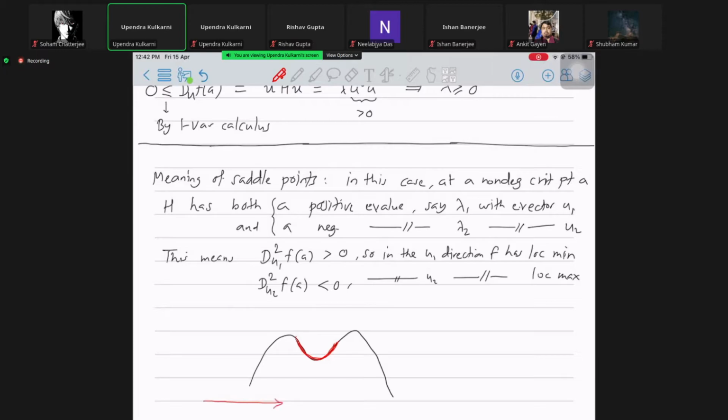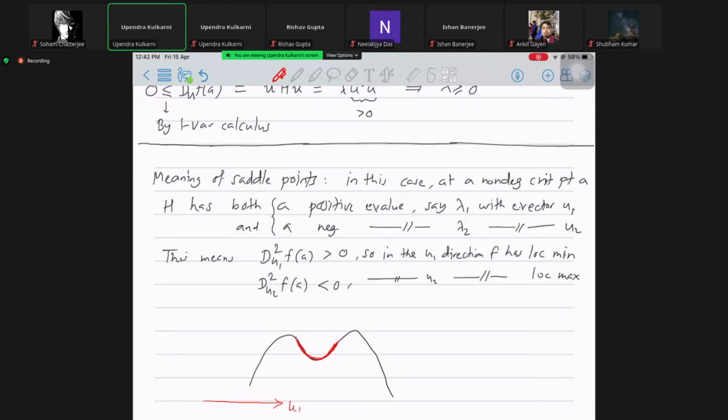So I have a local minimum. This is a 3D picture, right? I'm just looking at the profile of a mountain, but actually the picture has depth. So where do I have the local minimum? In the U1 direction.